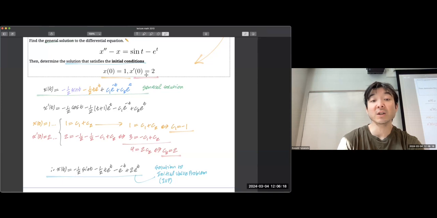The derivative condition, which is this red one, requires you to take the derivative of your general solution, which requires just the product rule for this term right here. This orange term right here will require a product rule. It turns out to be this after you do that. And then you plug in 0 for all your t's, and then the x prime on the left-hand side has to equal 2. And you'll get this.